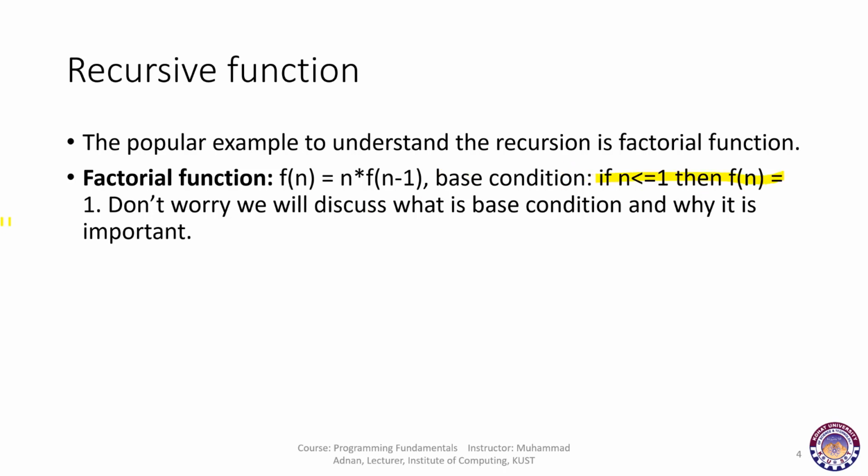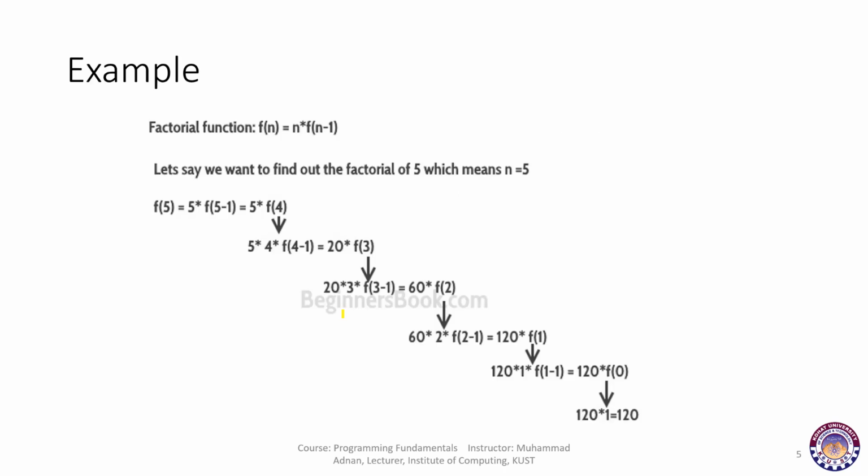So when this base condition is met, we do not make a call to itself. Don't you people worry about what that means. We are going to discuss what a base condition is and why it is important in a recursive function. So here is an example of a factorial function where we have f of n, and how we find a factorial of n.